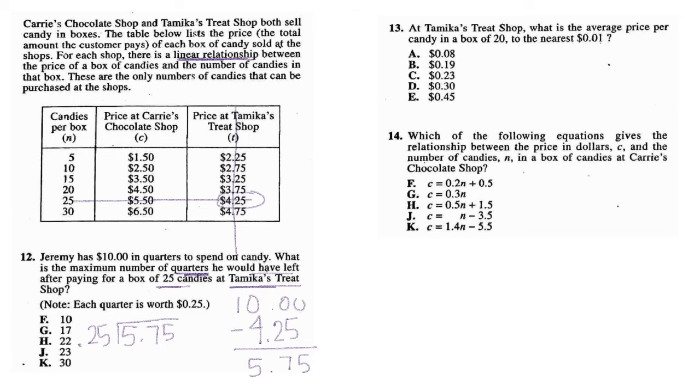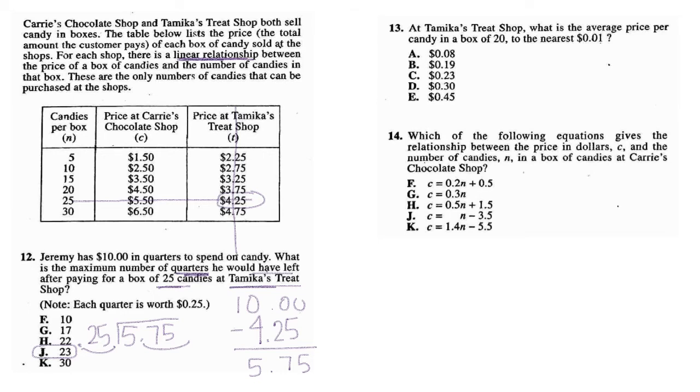We would have to move our decimal twice and move our decimal twice, or we could really just go ahead and divide in our calculators. So we have $5.75, and we're going to divide that by 25 cents. It looks like he's going to have 23 quarters left. So question 12 should be answer choice J.